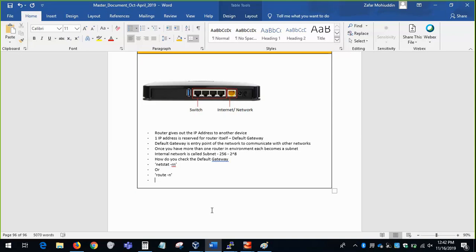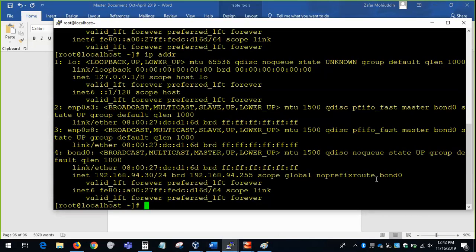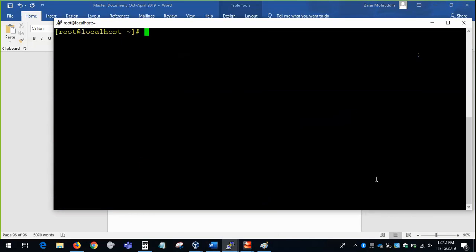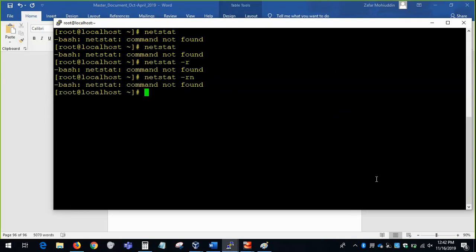Brother Zafar, can you run this command one more time, please? The netstat -rn. Okay, let me run and see. So you type netstat, and it gives you the table. Actually, netstat is not installed on 6 here.